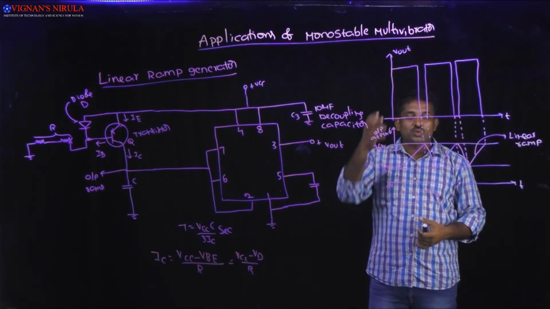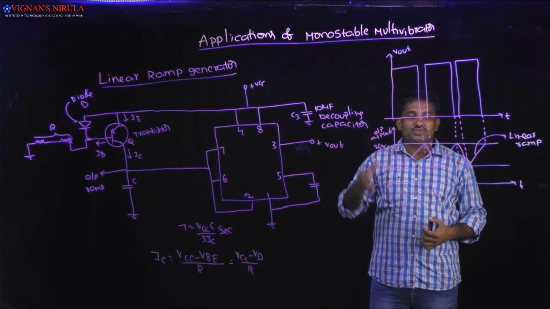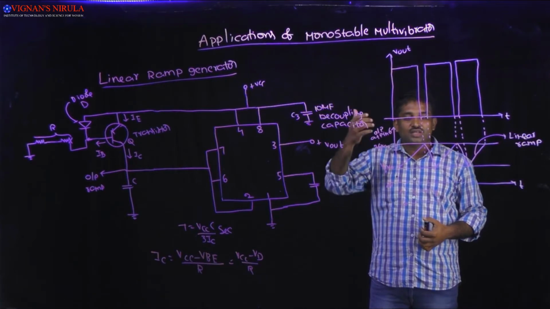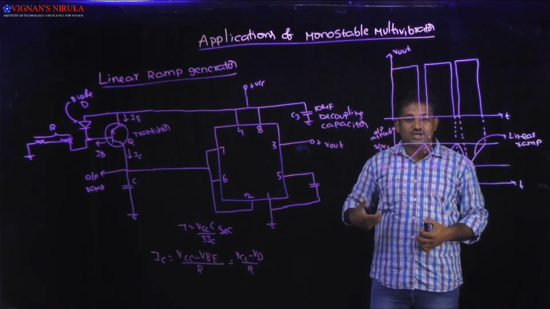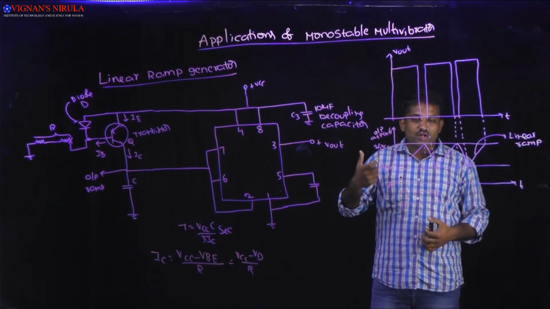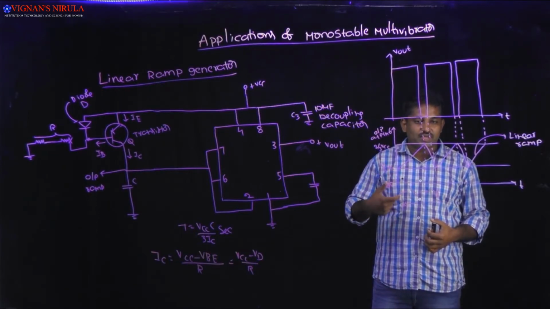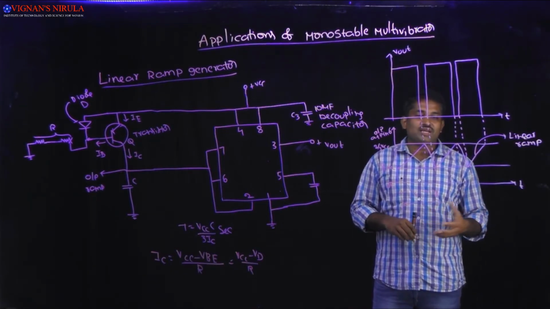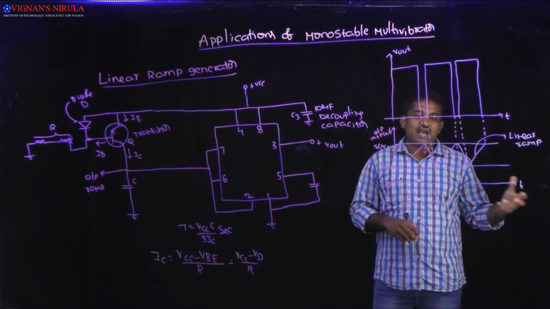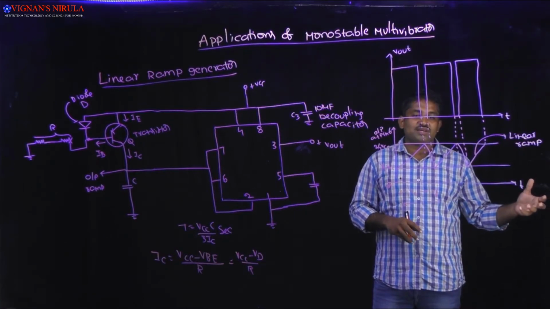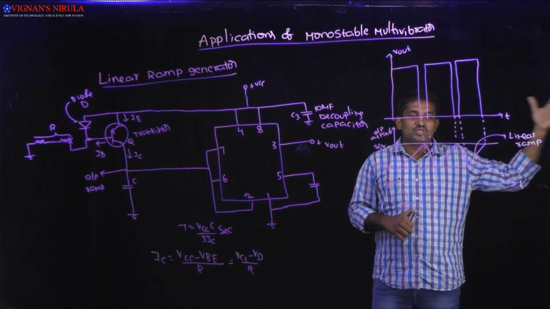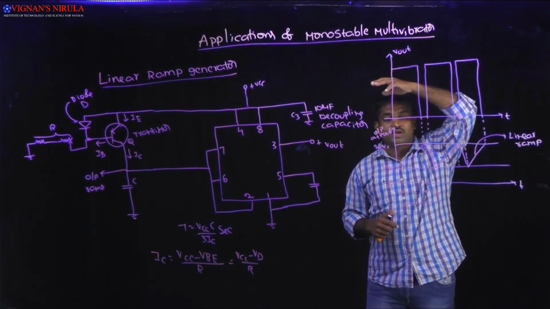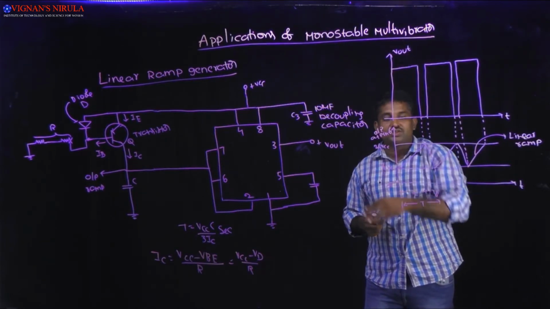Once the Q1 transistor is in saturation, the capacitor immediately starts discharging. Once the capacitor starts discharging and the value of 1/3 VCC is greater than the trigger voltage, comparator 2 immediately becomes high, which resets the flip-flop, and Q becomes 0. Once Q is equal to 0, the transistor Q1 will be off and the capacitor starts charging.